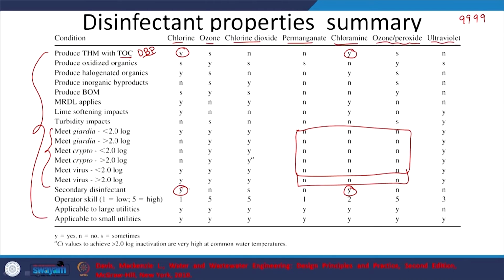If I add too much chlorine, I know these toxic disinfection byproducts will be formed. So, it is a trade off how I want to go about it, but sometimes you can have ozone to kill the microbes and the trace organics, and then you can add some chlorine, so that the DBP concentration will be less, but you will have enough residual chlorine available. So, let us dig deeper into this aspect.